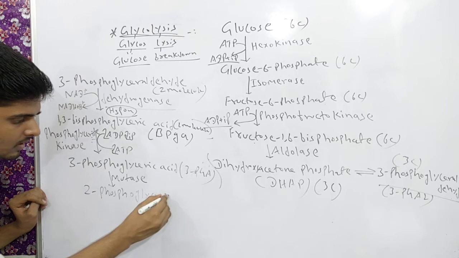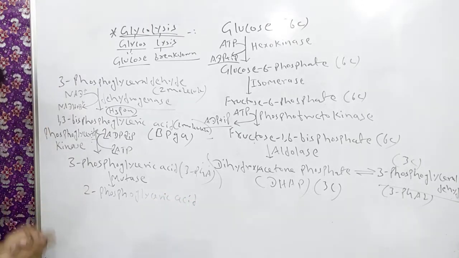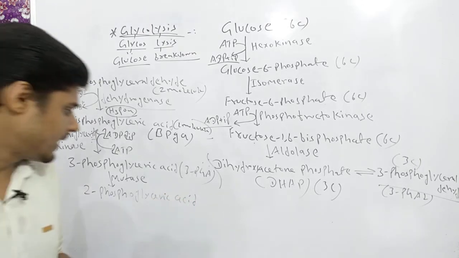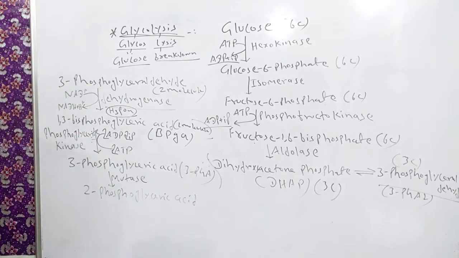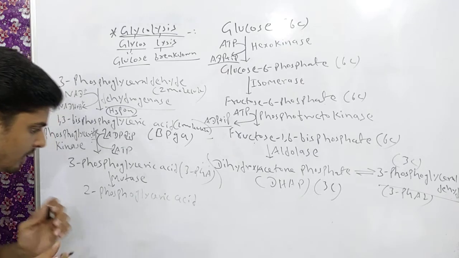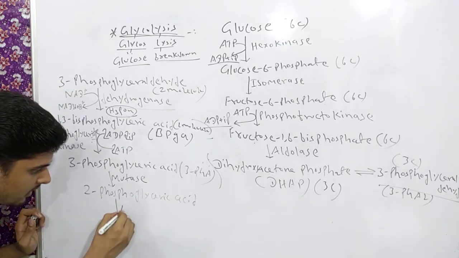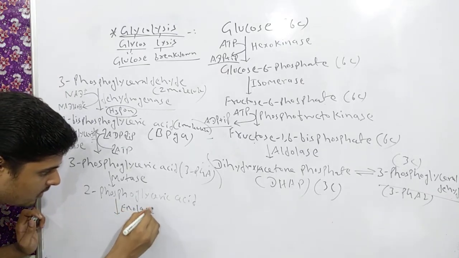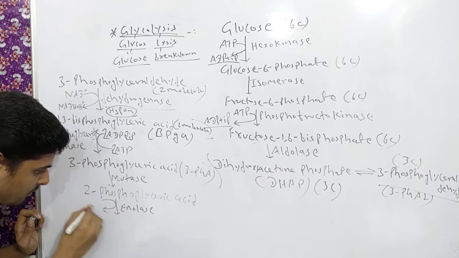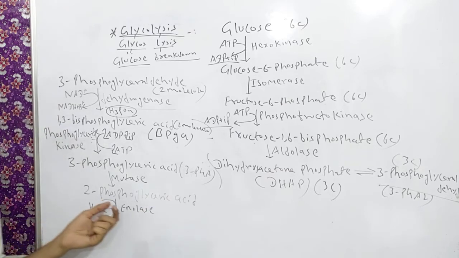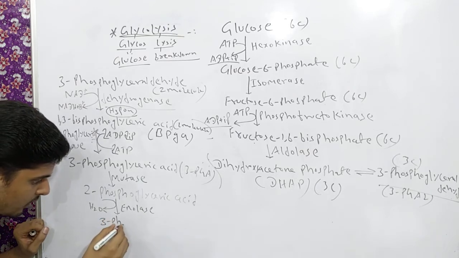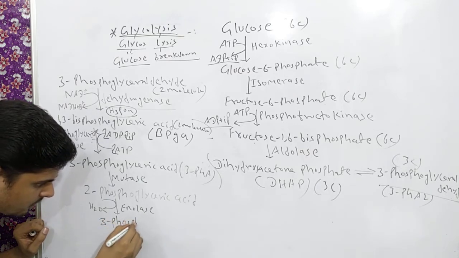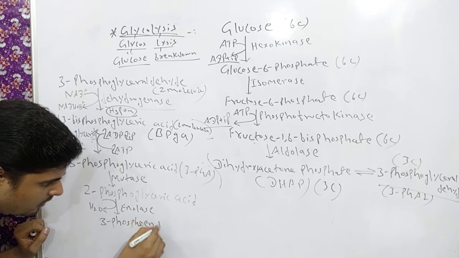Phosphoglyceric acid. And now in this situation again H2O will be removed from here, and if H2O gets removed it means enolation is happening here. So the enzyme which is acting here is enolase, which is causing removal of H2O and converting it into phosphoenol pyruvate.